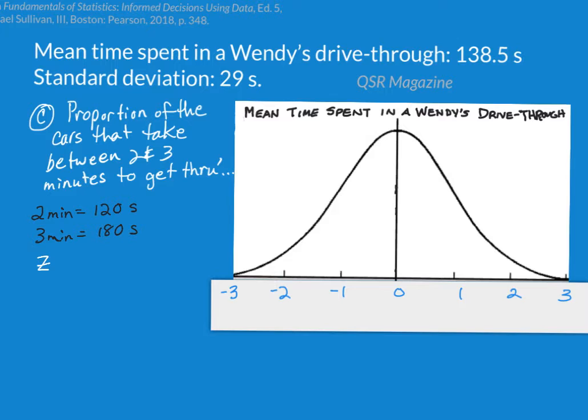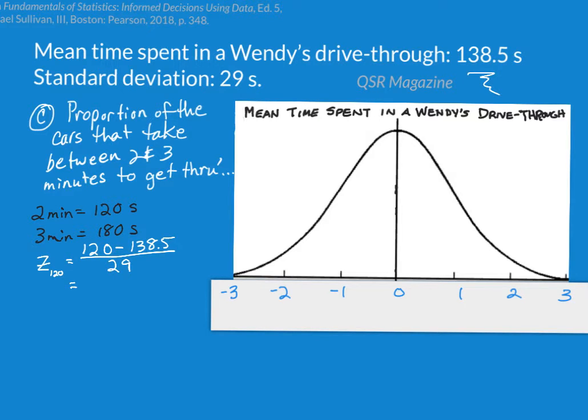So the z-score for 120, I'll write it down there so I can tell it apart from the other one, is 120 minus 138.5, because that's the mean given up here in the original problem, divided by the standard deviation, also given as original information.